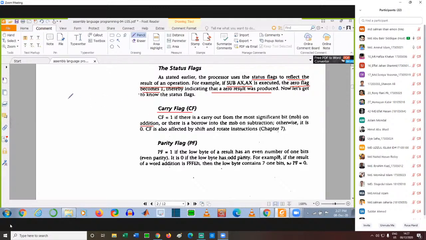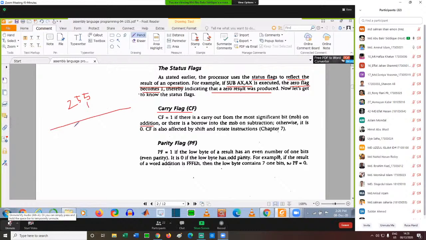Suppose you perform an 8-bit operation, and in 8-bit the highest number is 255. You'll get a carry if your number is greater than the highest number. So if you add 1, then you get 256, and you'll get a carry. So in addition, if you get a carry, the carry flag will become 1. Is that clear?